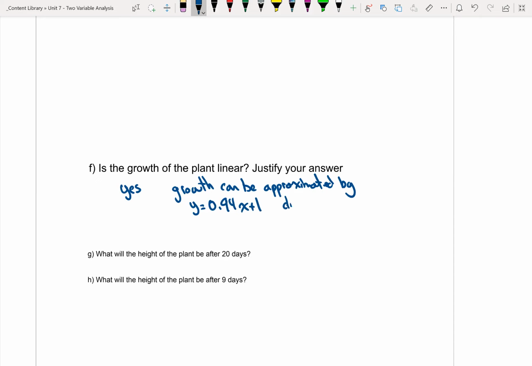And you could say due to high r and r squared values. So because those values are high, we could say yes, the growth is linear, and it's linear using this function or this linear regression, y equals 0.94x plus 1.